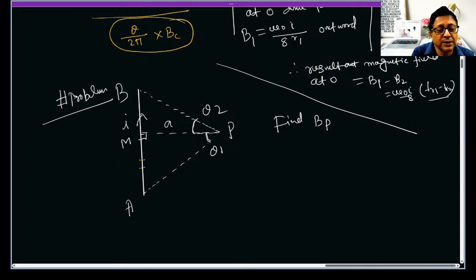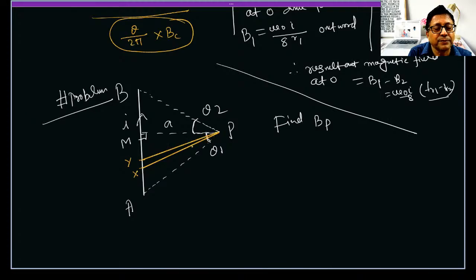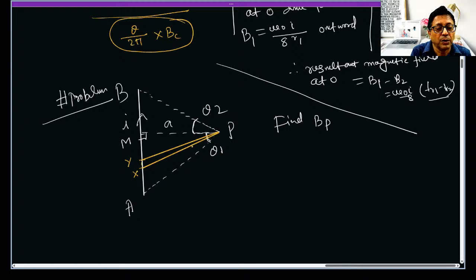Sorry, you take this current element XY and join X to P, join Y to P. This angle is theta.